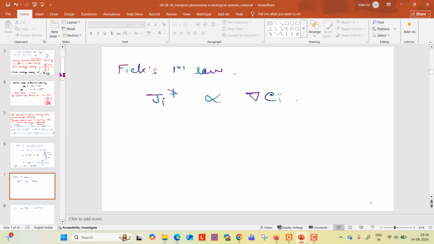Okay. What can be the example of it? Suppose whenever you do puja in your home, and you light some agarbatti, right?